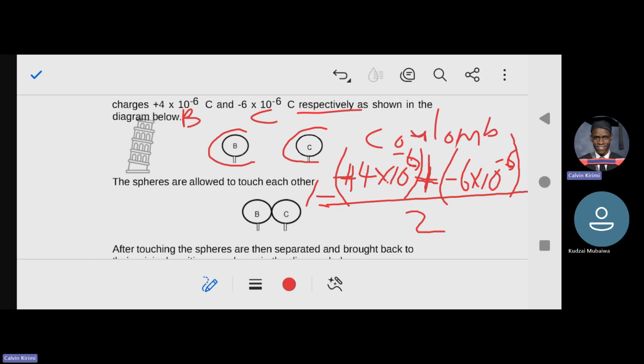What is the final answer on your calculator when you add these numbers and divide by 2? Put it in your calculator so that you see what you will be doing tomorrow. If there is a problem, ask now, otherwise you make mistakes. So the first thing is you add the two charges, then you divide by 2.